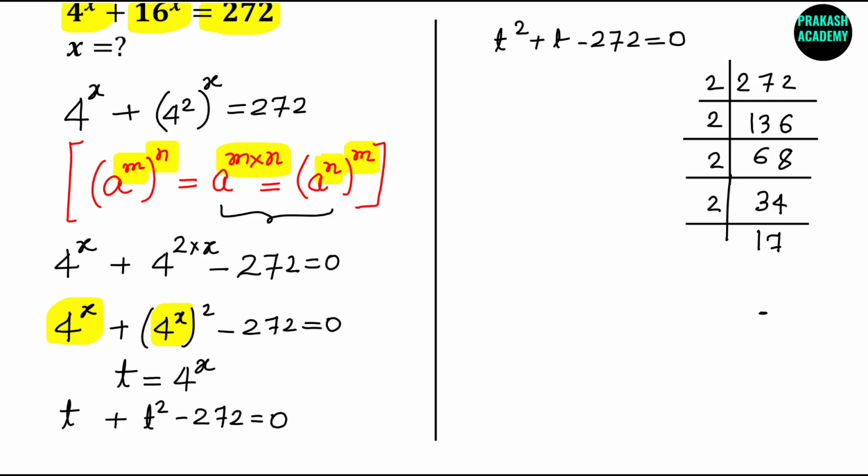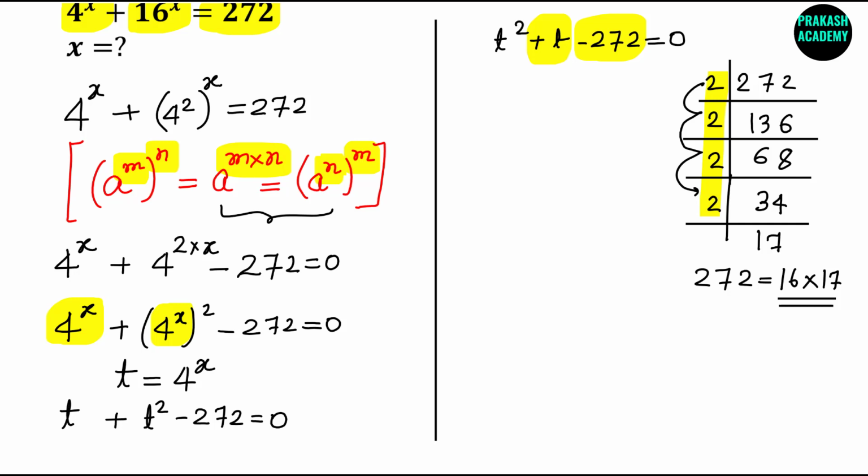So you see, we need factors that if you sum them, it comes t, and if you multiply, it should come minus 272. Now if you consider these 4 twos, that is 2 into 2 into 2 into 2, this will be 16. So I can write 272 is equal to 16 into 17. This means I can choose two factors, 17 and 16.